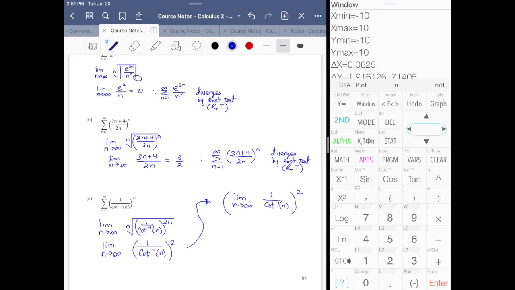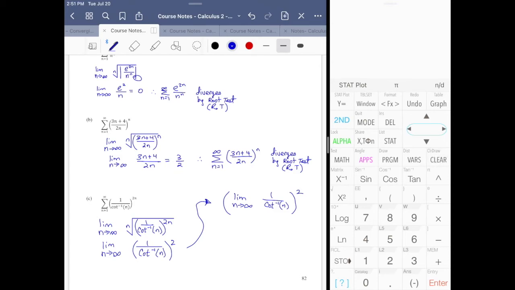The inverse cotangent is kind of a weird thing to put in your calculator, but you might remember from way back when we were talking about inverses that if I wanted to do something like, let me just come out of here for a second.